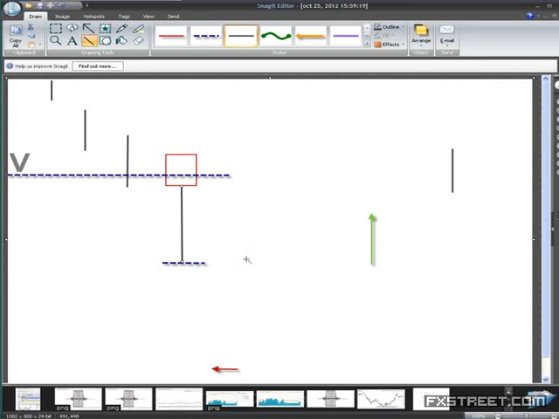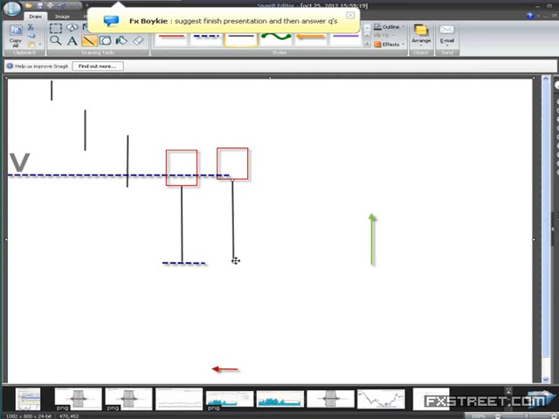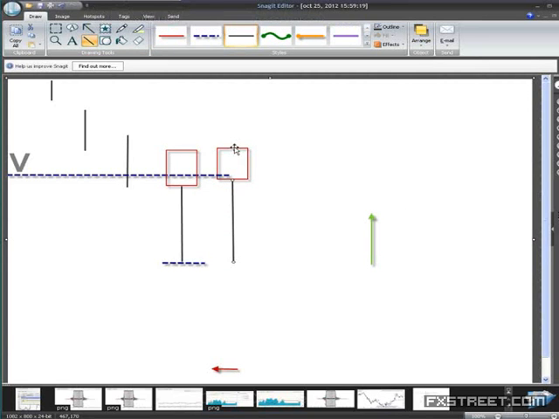You could have a double hammer printing here. So you could have another hammer being printed side by side to the next one, but the confirmation of the hammer would be a close above the hammer's body.